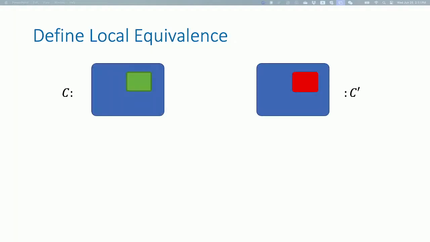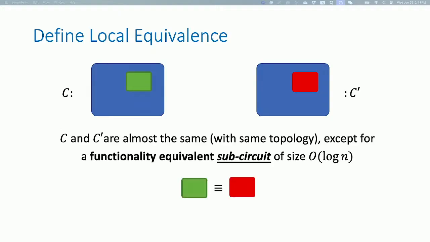So let's first define this local equivalence property formally. For any two circuits C and C prime, we say C and C prime are locally equivalent if they are both the same, with the same topology, except for a functionality equivalent subcircuit of size log n.